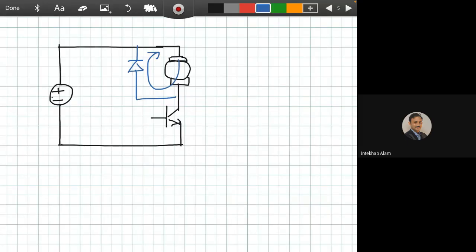So we are giving a freewheeling diode in here. Okay, Mohammad Tawhiduzzaman. Yes, sir. What should be the property of that diode? Do you have any idea? I'm just sharing my thinking with you. What should be the rating of this diode? You have any idea?